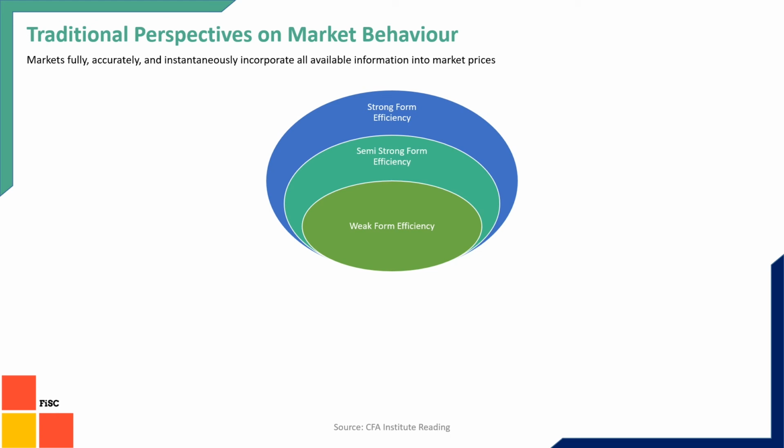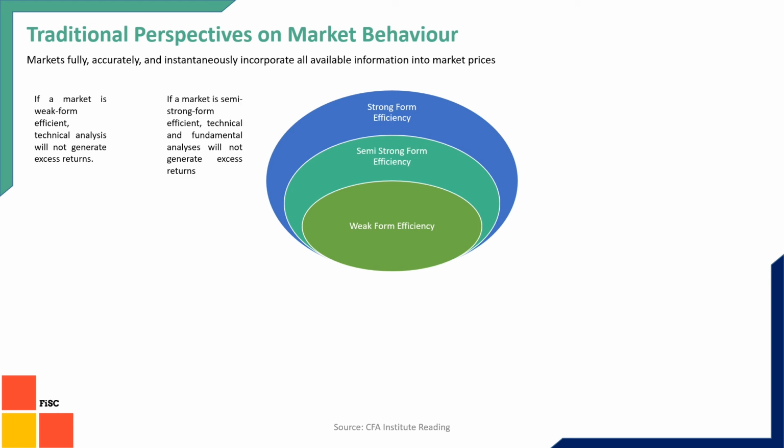There are three kinds of efficiency which have been discussed in traditional finance. The first one is weak form efficiency. In weak form efficiency, the market is considered so efficient that any kind of technical analysis won't give you any excess return. The second one is semi-strong efficiency, where it is supposed that fundamental analysis will also not give you any excess return.